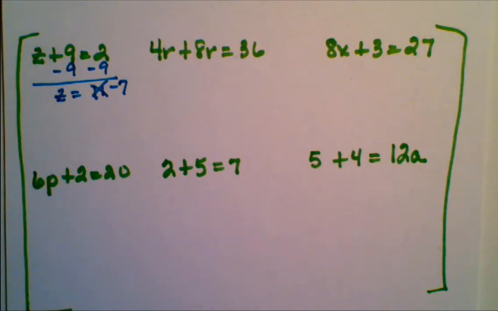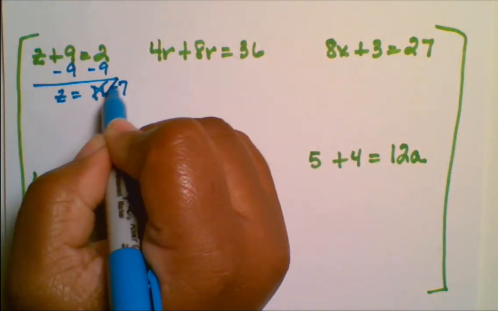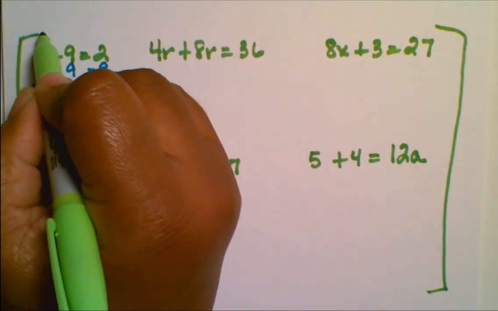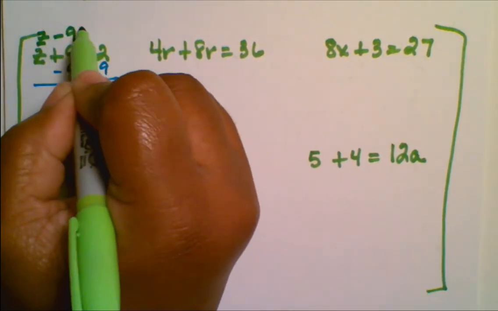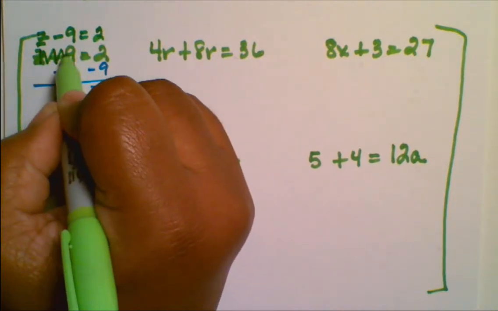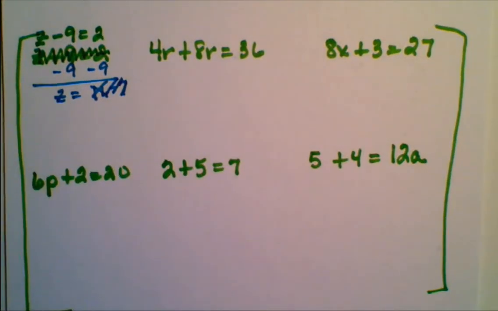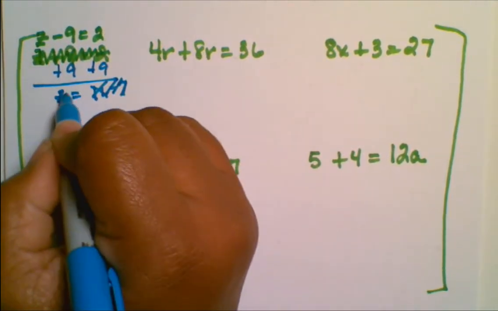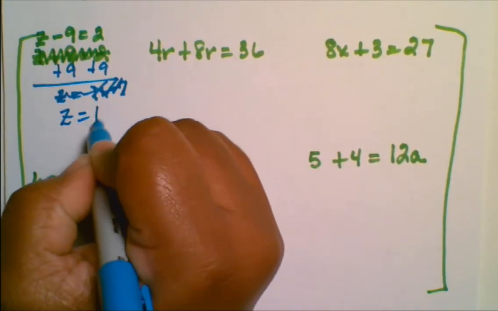And did I make an error here? Did you find the error? This should be Z minus 9 is equal to 2. I'm making mistakes right now, but that's okay. We'll clean it up. So then we're going to add 9, and then we do have Z is equal to 11.